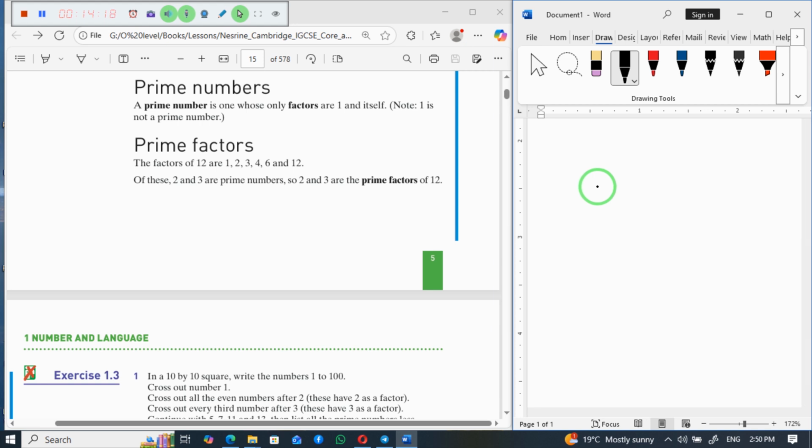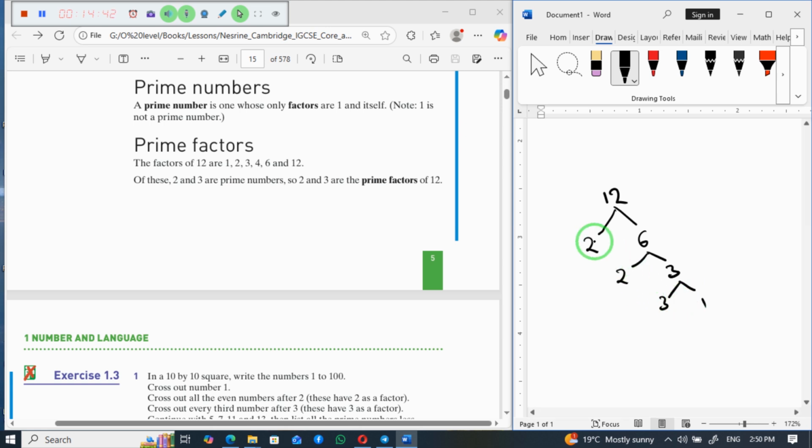For example, we want to find the prime factors of 12. We use divisibility. 12 can be divided by 2: 12 divided by 2 is 6. Then 6 can be divided by 2, which gives 3. Then 3 can be divided by 3 once.